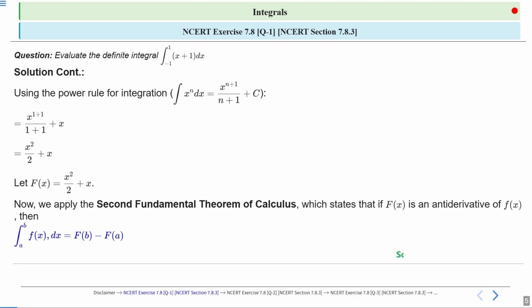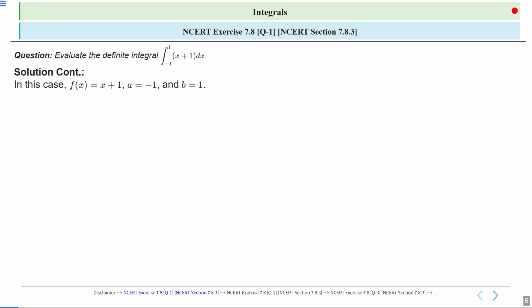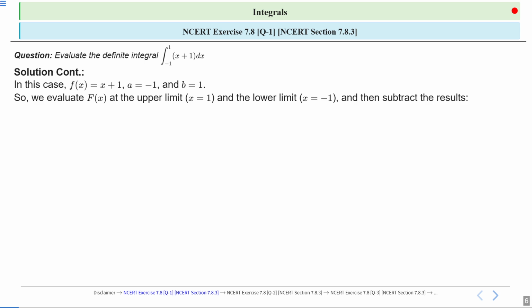So now in this case, f(x) is x plus 1, the lower limit is a equal to -1 and the upper limit is b equal to 1. To evaluate F(x) at the upper limit, we just put 1 in place of x, and for the lower limit x is equal to -1, and then subtract to get the result of the definite integral. So I is equal to F(1) minus F(-1).